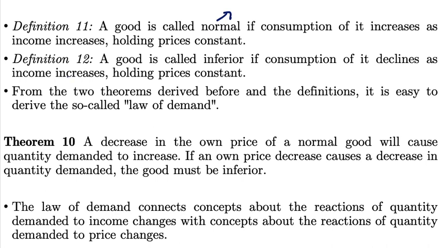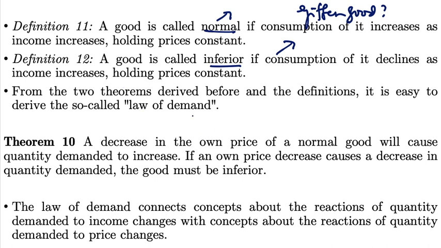Also look at Definition 12: a good is called an inferior good if consumption of it declines as income increases, holding prices constant. Also, you have heard this before. Normal good, inferior good. Have you heard the term Giffen good? All of these are basic principles, so please check it out on YouTube and whatnot if you forgot it already. I'm not going to re-explain it, as it is already a basic thing in the first year of a first degree.